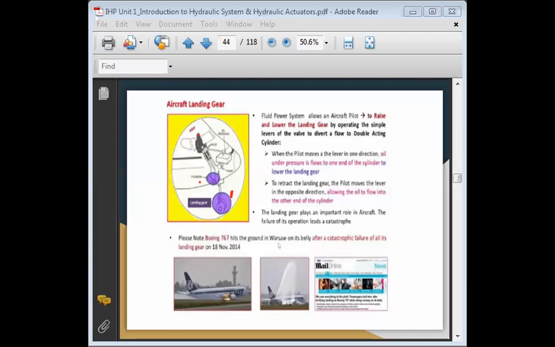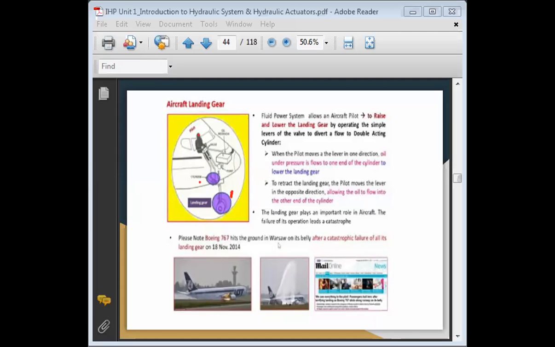And the failure of its operation: if your fluid system fails, or for example suppose your cylinder does not work, if it is stopped, then that is a failure of its operation, and if that fails, then maybe some accident may happen.